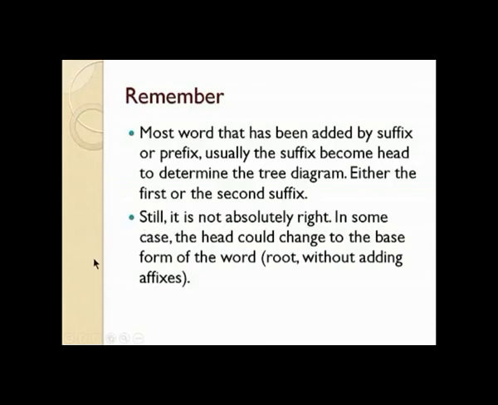In some cases, the head could be the base form of the word or the root without added affixes. So if you're thinking that all heads are suffixes, it is wrong. It's not absolute, it's just usually. There are different cases that make the suffix not the head.